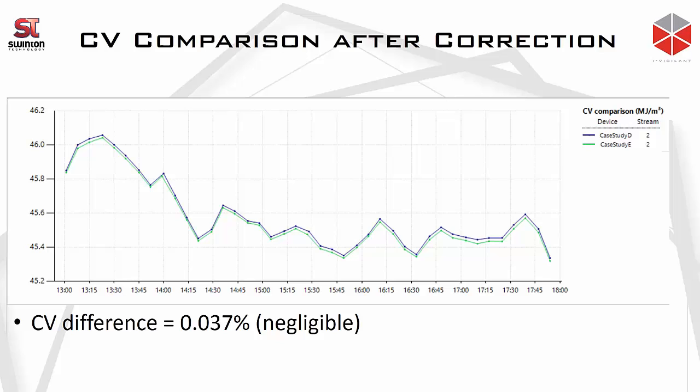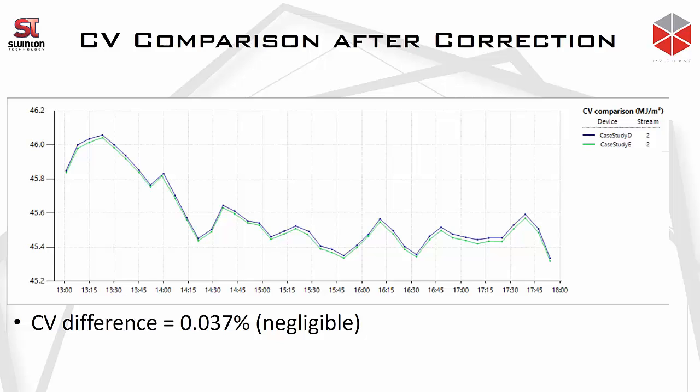When we correct the valve timing and make sure that all the components are detected, we can compare it again, and we can see that the CV difference went down to 0.037%. And because it's within the reproducibility limit stated in the manufacturer's standard, we can assume that this difference is quite negligible.